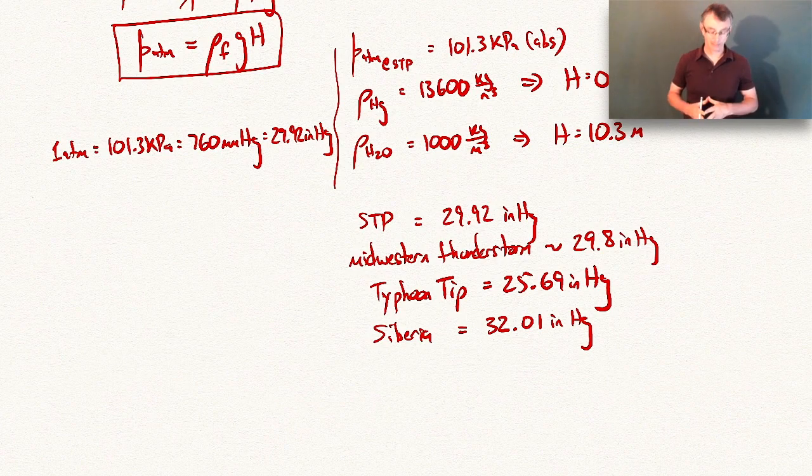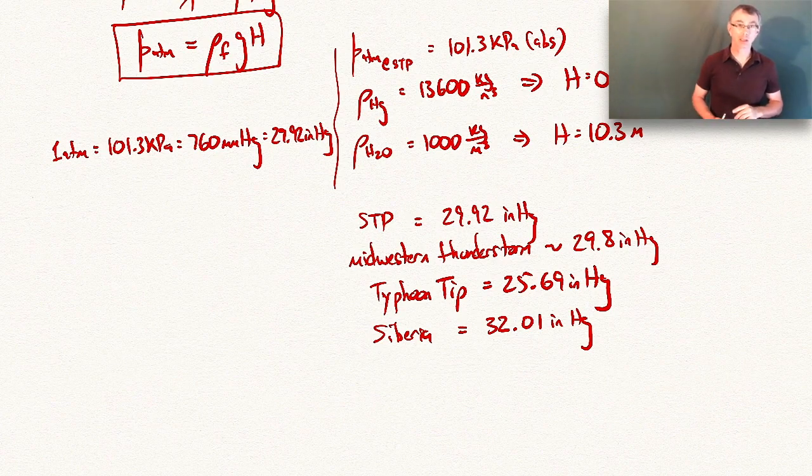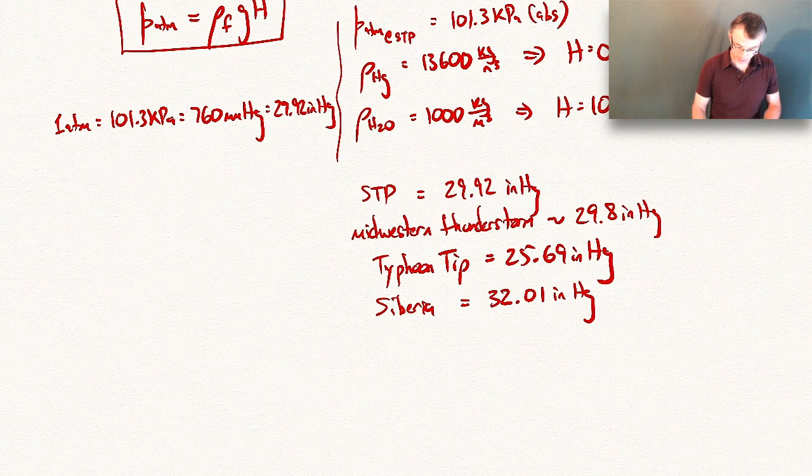So that gives you a range for typical atmospheric pressures, anywhere from 29.7 inches of mercury all the way up to about 32 inches of mercury, with just about 30 inches of mercury being typical.